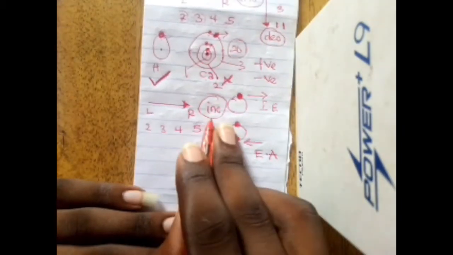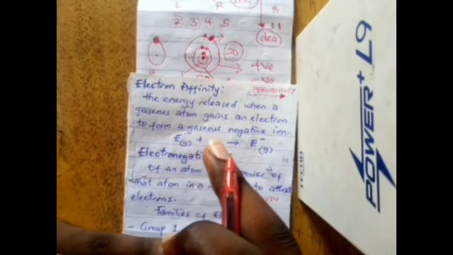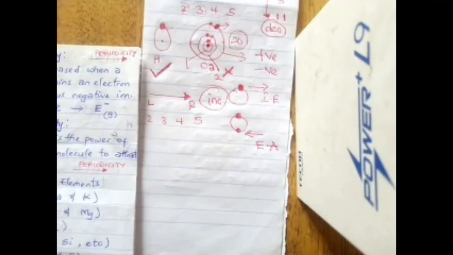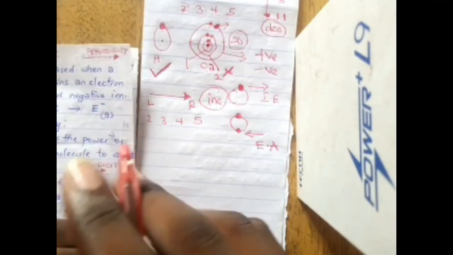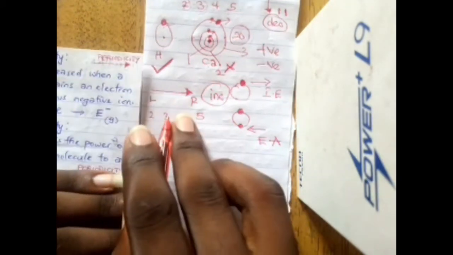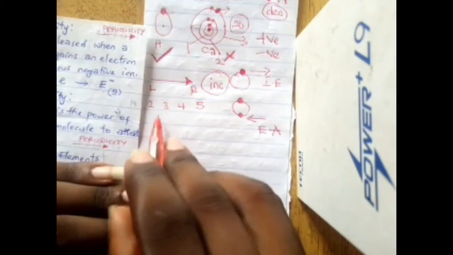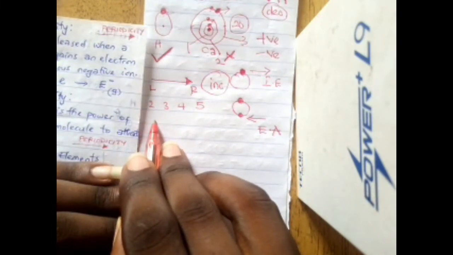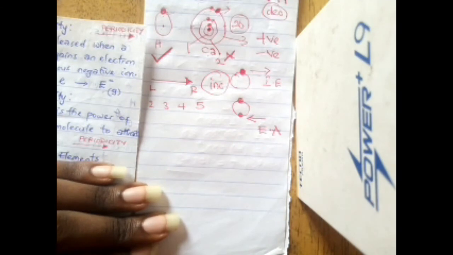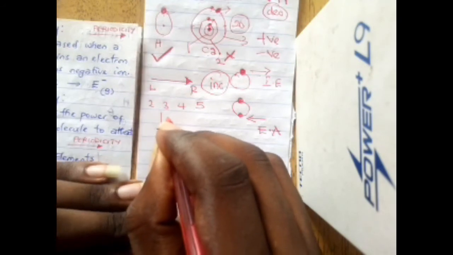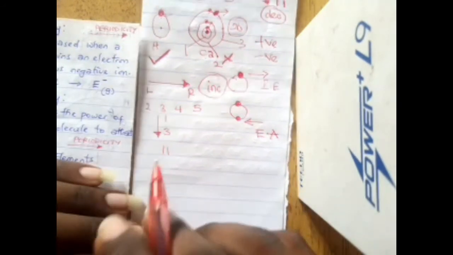It increases because electron affinity talks about the energy released when an atom gains an electron, and this is a result of the addition of more electrons to each atom of the elements. Whereas when you are moving downwards from top to bottom, the electron affinity decreases.